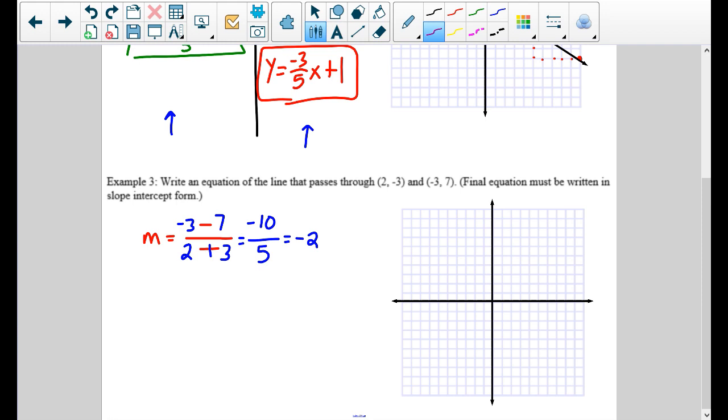So your equation should be y equals -2x plus 1. So again, y-axis, 1 is our starting point. Slope is -2. So down 2, right 1, down 2, right 1, down 2, right 1.